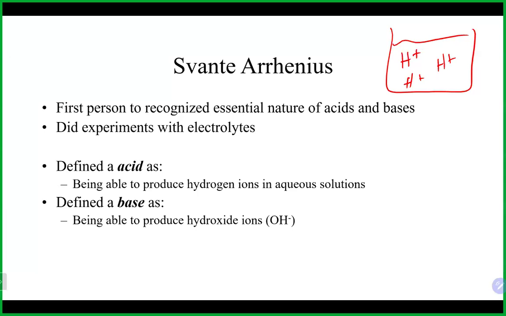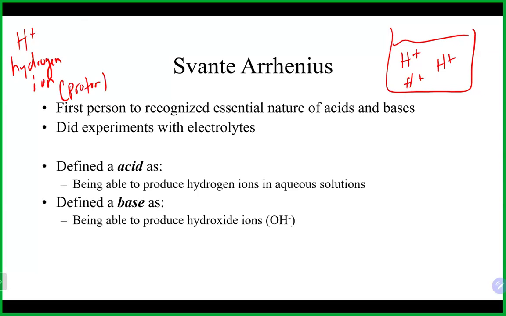Now in acid-base chemistry, H plus is known as the hydrogen ion. It is also known as a proton, because hydrogen has one electron, one proton, and no neutrons, which means the only way it can become positively charged is to lose an electron, which leaves it just a proton.